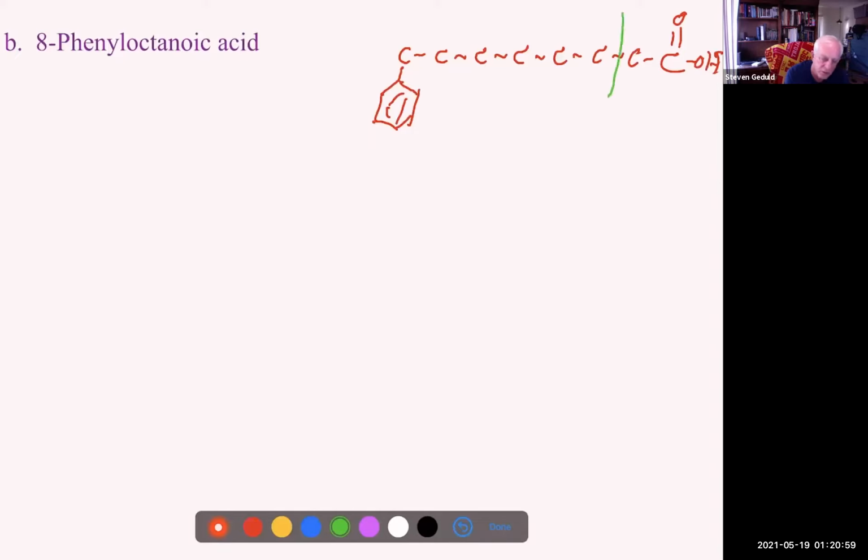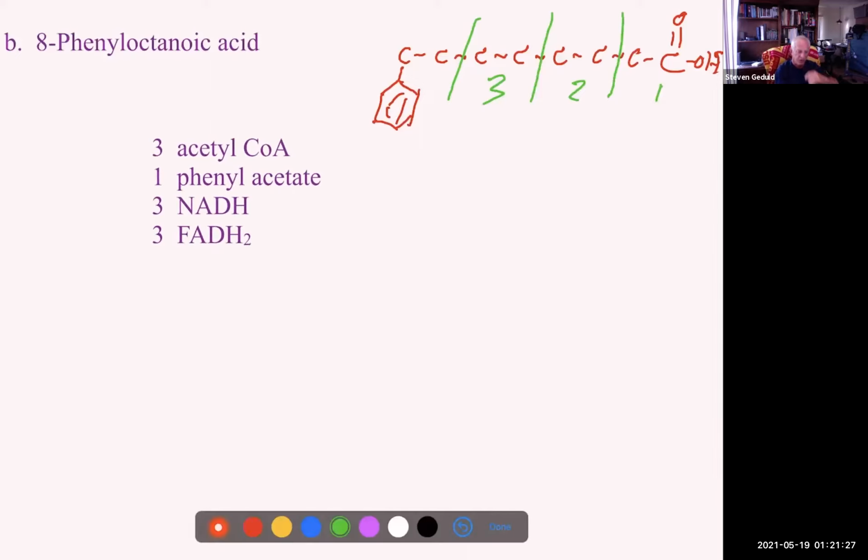So there's your first 2, your next 2, your next 2. So you're going to have 1, 2, 3 acetyl groups and 1 phenyl acetate group. You're going to have 3 NADHs and 3 FADH2s, 1 for every bond.